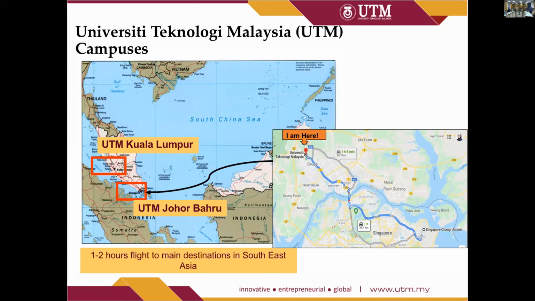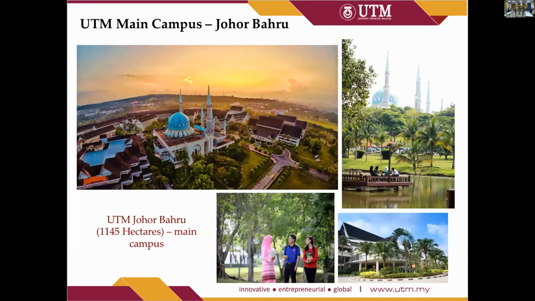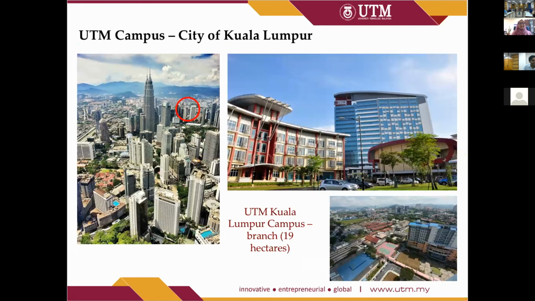We have our own airport in Johor, Senai airport, and the nearest international airport besides it is Singapore airport, a one-hour drive. I think Rafakat is very familiar with this view. And then we have our city campus in Kuala Lumpur. So we have students in the Johor Bahru campus, and we also have students in the Kuala Lumpur campus.